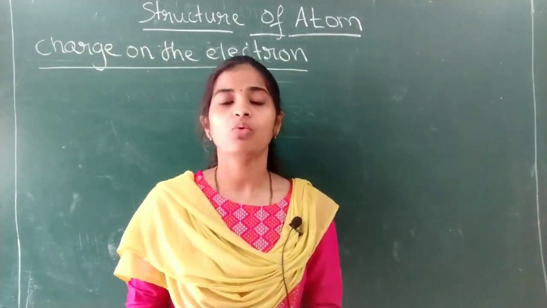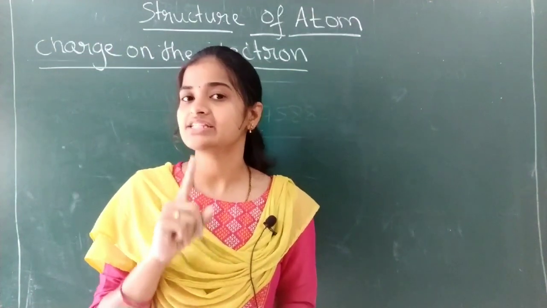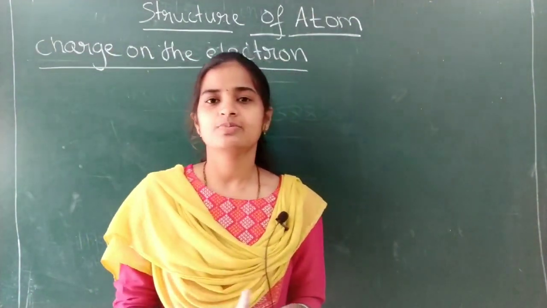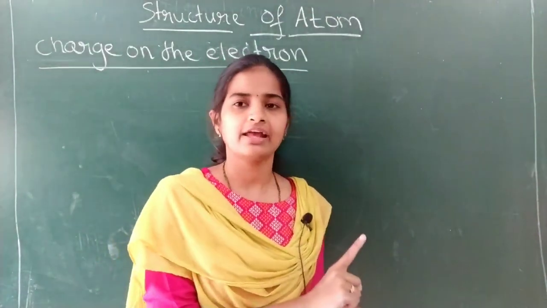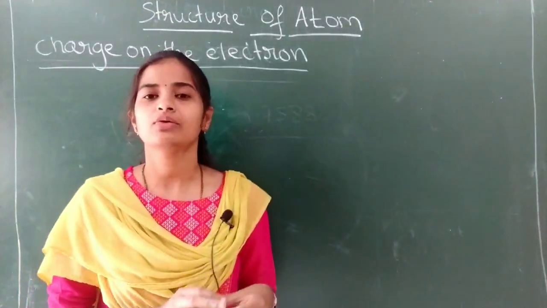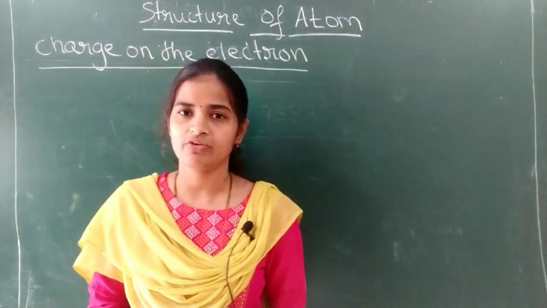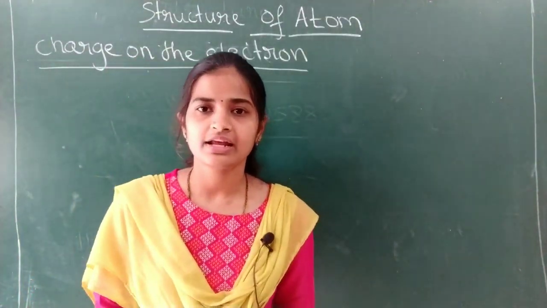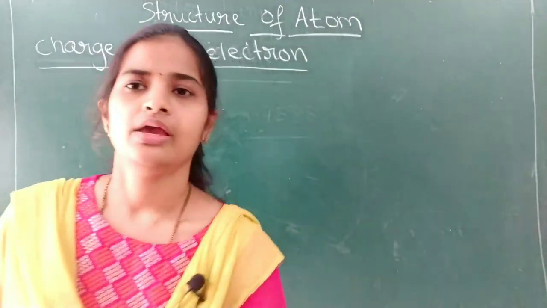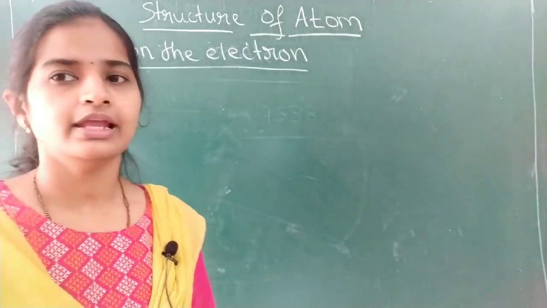So whenever we are asked who discovered the electron, we say scientist J.J. Thomson. Remember it. The cathode ray discharge tube experiment was done by the scientist Michael Faraday, but J.J. Thomson has given information about the electron, the charge to mass ratio of an electron. So who discovered the electron? Scientist J.J. Thomson. Got it? Okay.